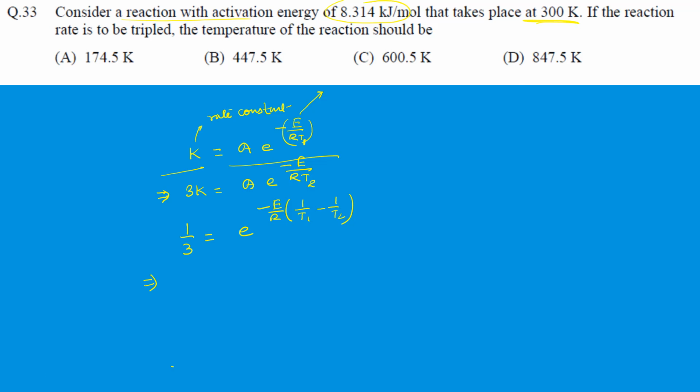Now we can write it as 3 is equal to e to the power E by R, 1 by 300 minus 1 by T2. So E and R also we can change. E is 8.314, and we know this R value is also 8.314.